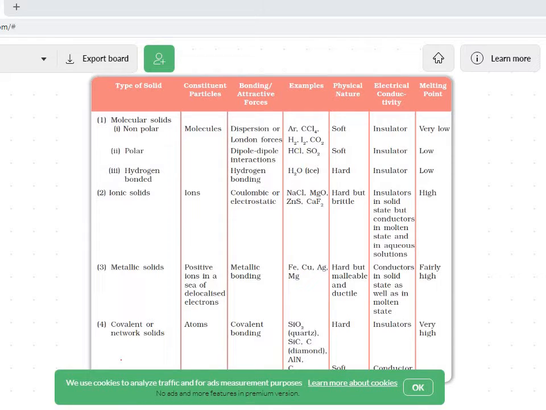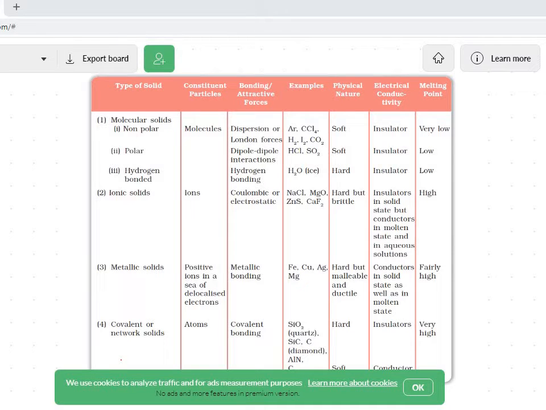We have also learned the difference between the crystalline solids and amorphous solids. Because the amorphous solids are short range order, there is as such no classification of amorphous solids based on the nature of intermolecular forces operating between the constituent particles.